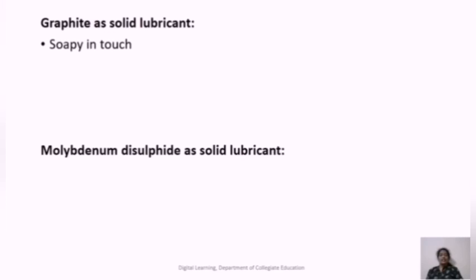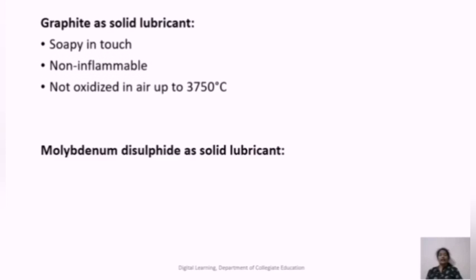It is soapy when you touch, and it is non-inflammable, and it is not oxidized in air up to 3750 degrees centigrade. So it can sustain high temperature, and it is used in powdered form or in suspension form.